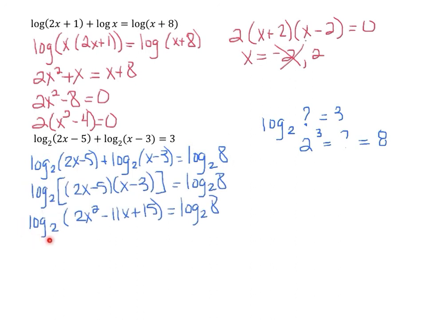Now, since my logs both have the same base, that means this whole thing has to be equal to 8. So I'll rewrite it. And I'll subtract 8 from both sides. From here, I'm going to have to use quadratic equation.